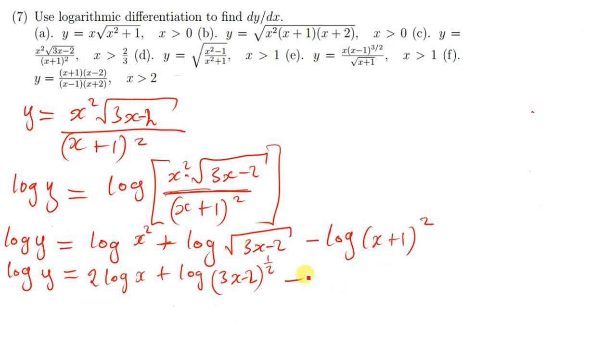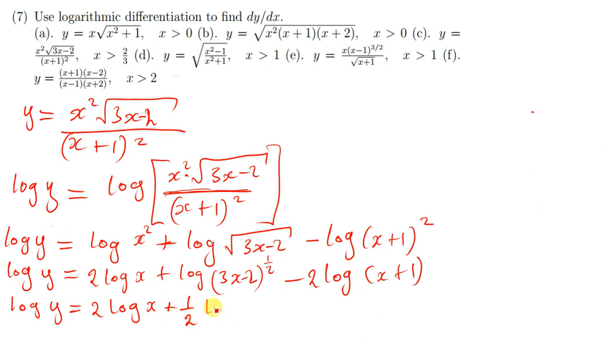Then we say minus, these two can drop, minus 2 log (x plus 1). So we have log y is equal to 2 log x. Then this half can also drop down, so that we have half log (3x minus 2). Then this other part will remain the way it is, minus 2 log (x plus 1).